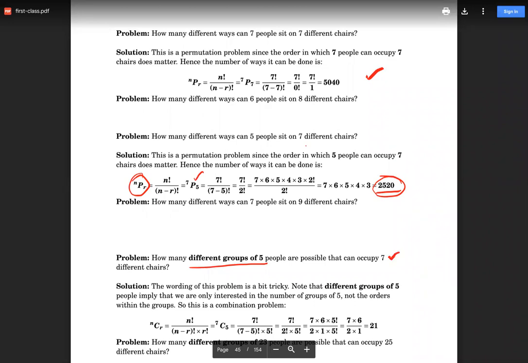Here, the order does not matter because it says different groups of 5. So it's the exact same problem, but in this case you'd be doing combination as opposed to permutation. If you do permutation, it's 2,520. If you do not take order into consideration, it just comes down to 20.